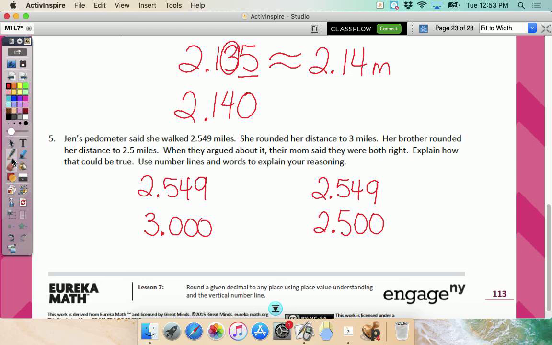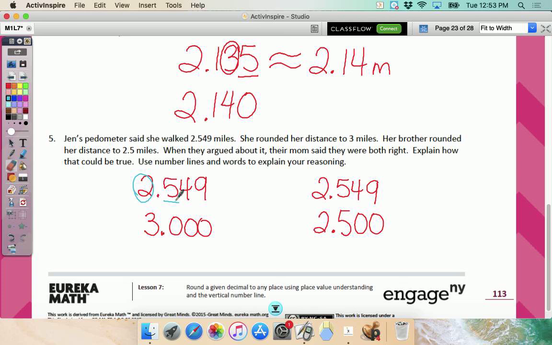Okay, so Ivan, what did your table discuss? We said they're both right because with the 5 with the 4. Okay, you're right. With the 5, if you circle the 2 and you underline the 5, it would round to 3.